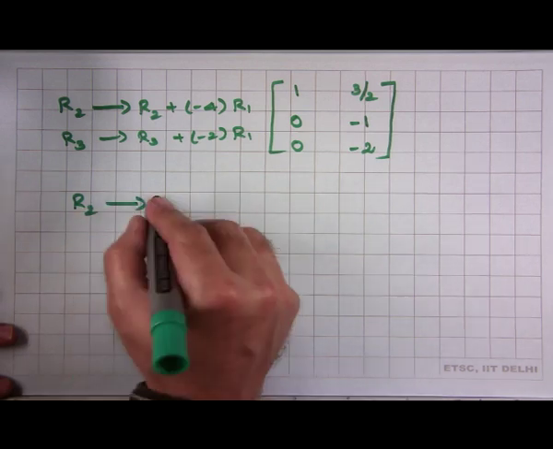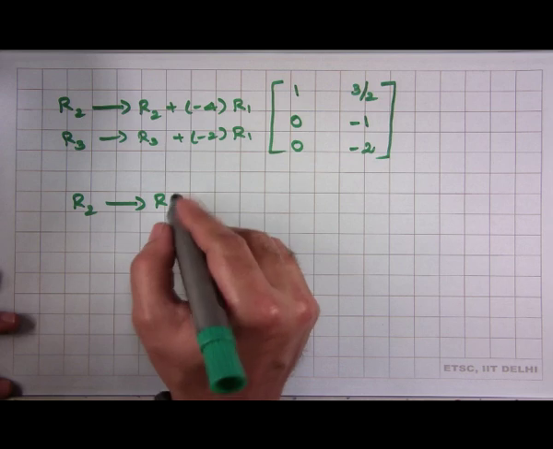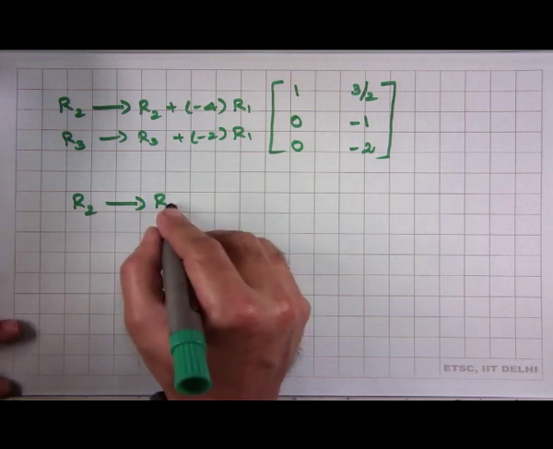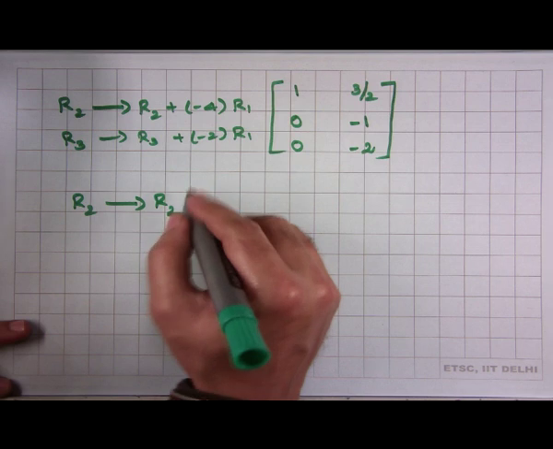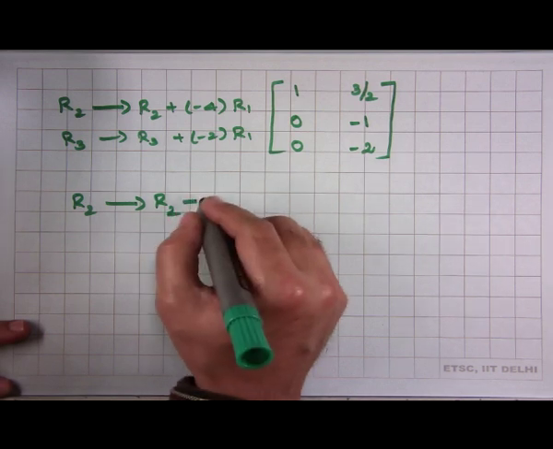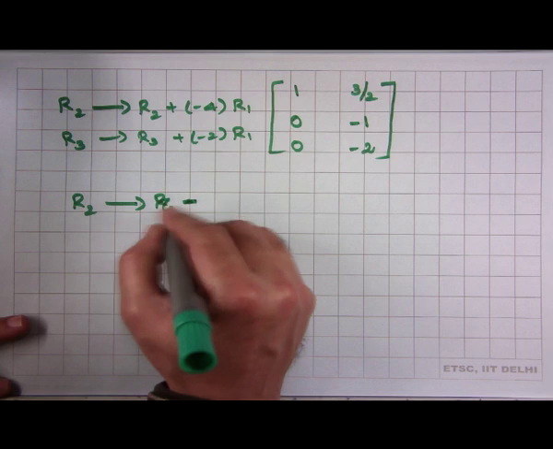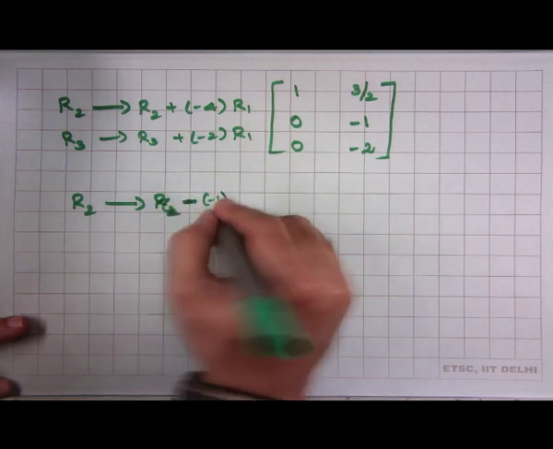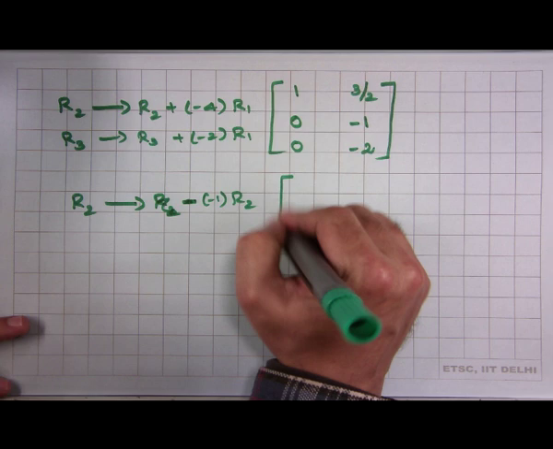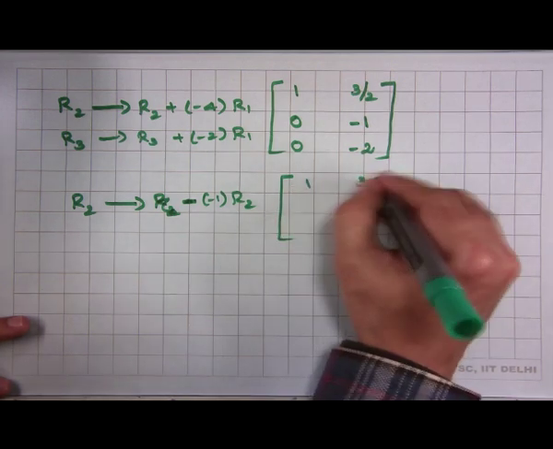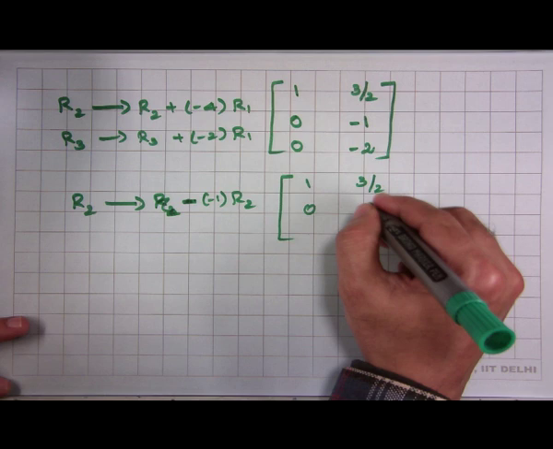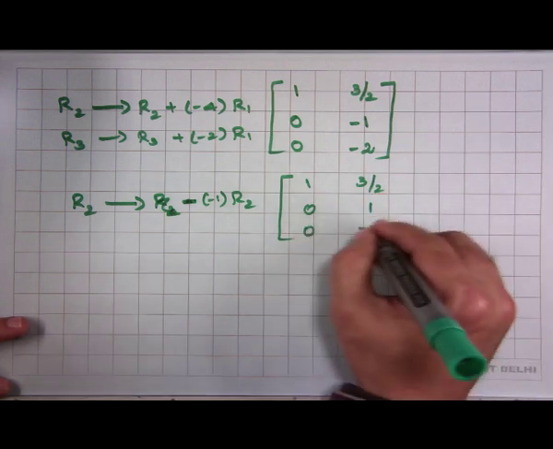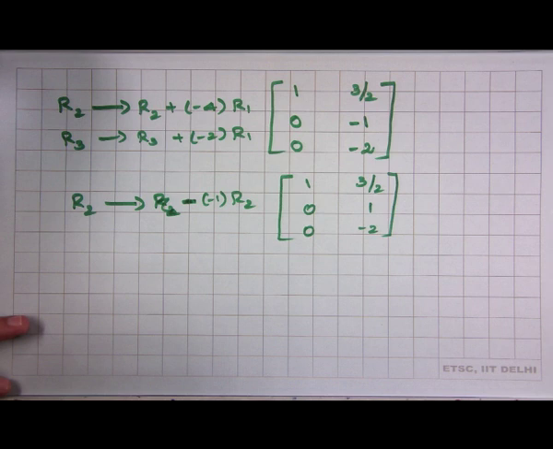R2 is replaced by minus 1 into R2. 1, 3 by 2, 0 1 0 minus 2. I have this.